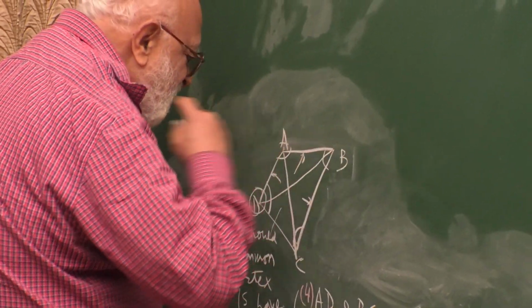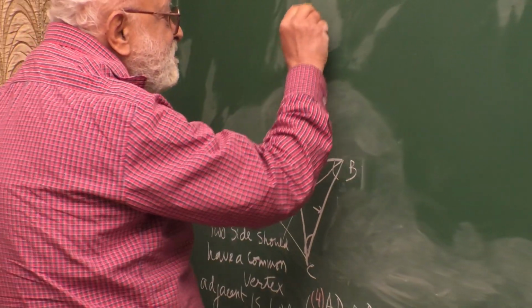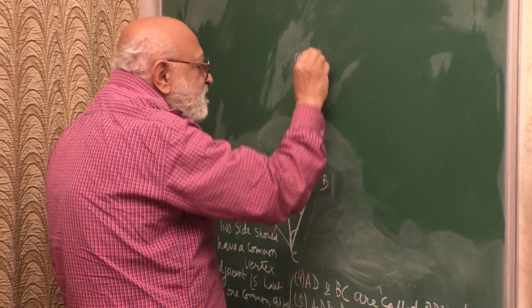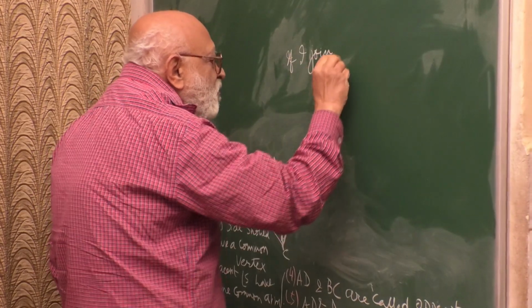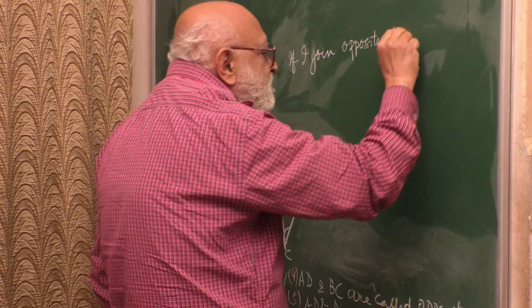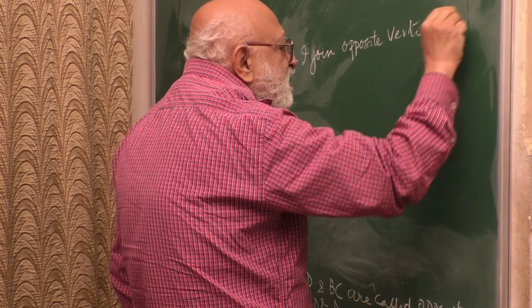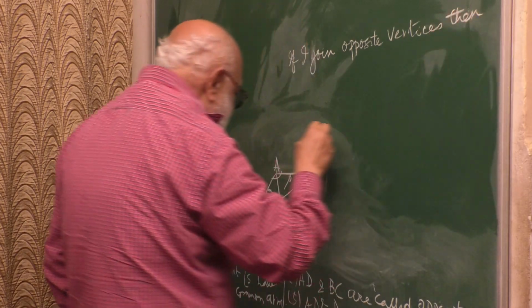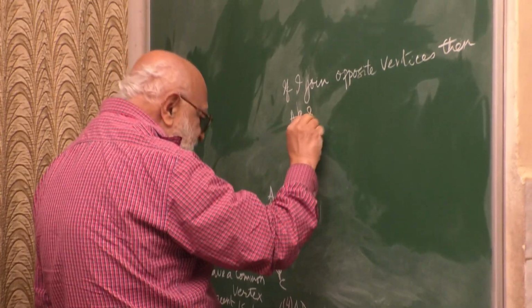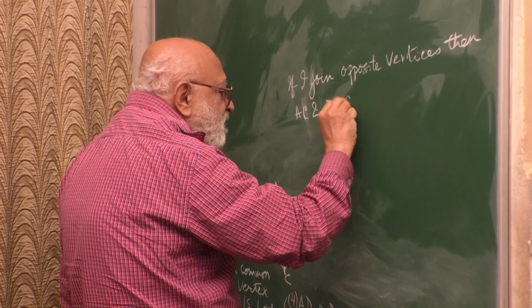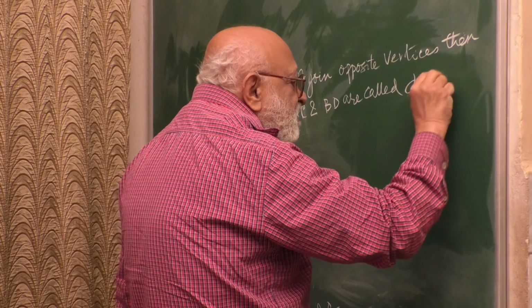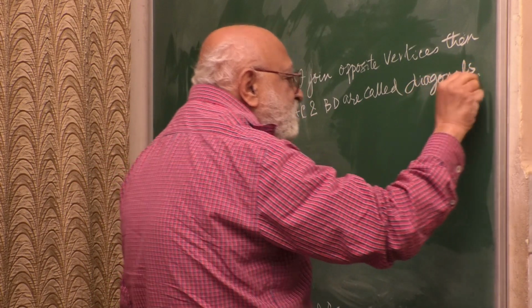If I join opposite vertices, then AC and BD are called diagonals.